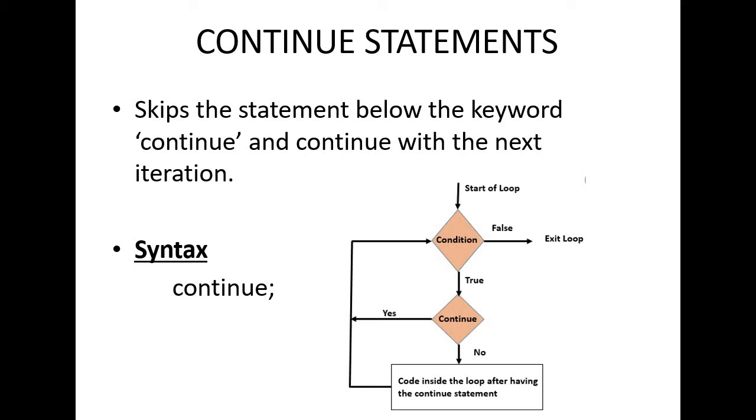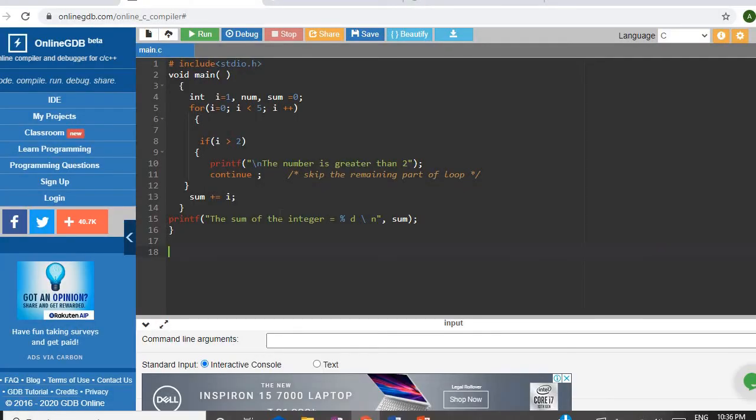Now let us understand this with the help of a sample program. In this program, we have a for loop, and inside the for loop we have an if statement. In the for loop, there is a variable called I which is initialized as 0 and goes up to 5. Inside the if statement, I have given a condition that if I is greater than 2, then you print a statement saying the number is greater than 2, and continue.